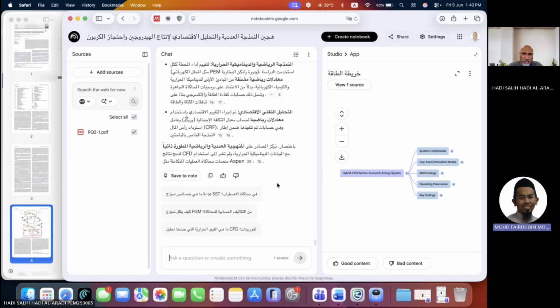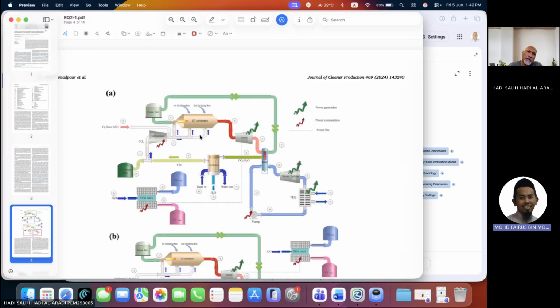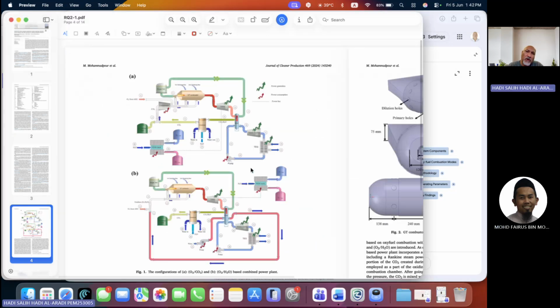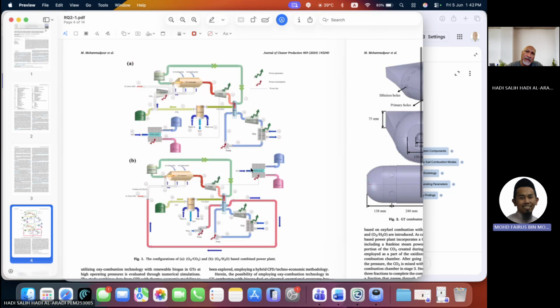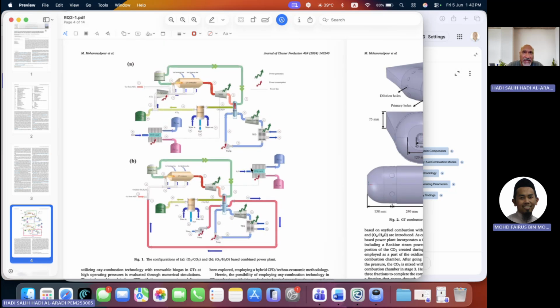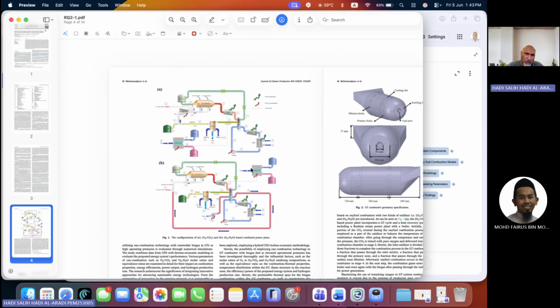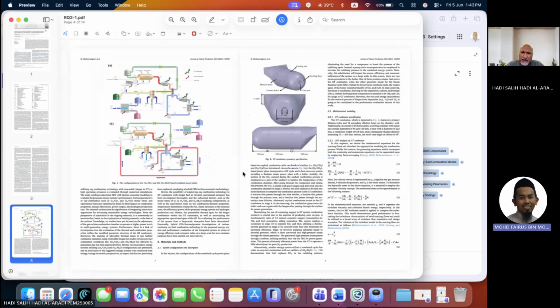Yeah, it was talking about the whole plant, but as far as CFD was concerned, it was making a comparison between using CO2 or the steam of the water.